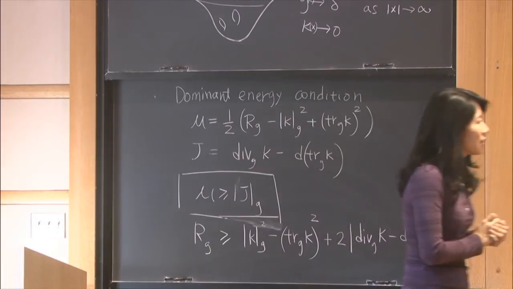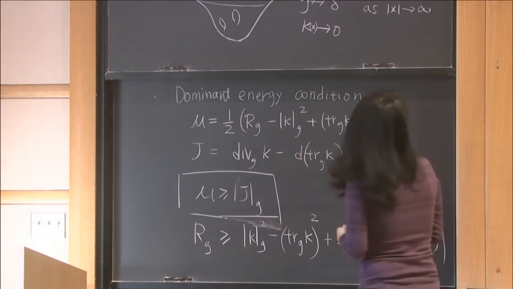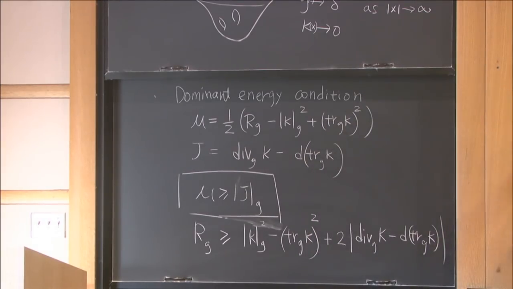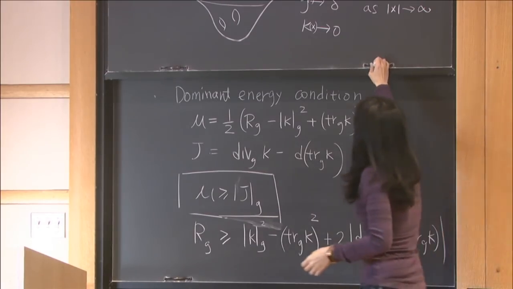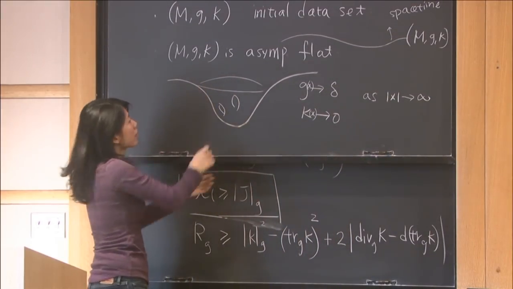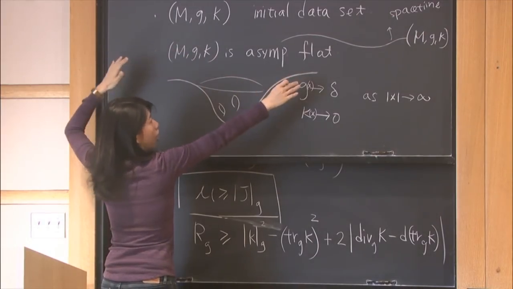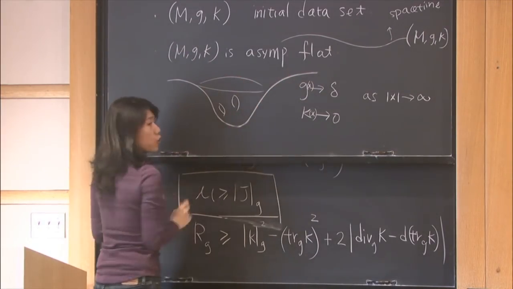Okay, have I defined everything? Then what are the energy and the number P? Those numbers E and P are defined at manifold infinity. They are just integrals over a large sphere, and then you let the sphere go to infinity.